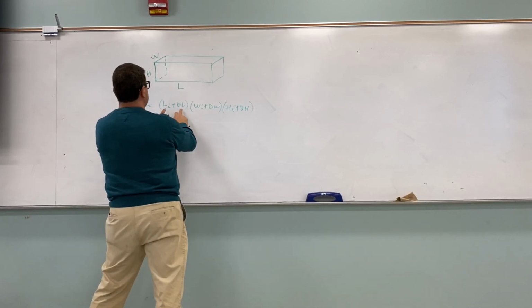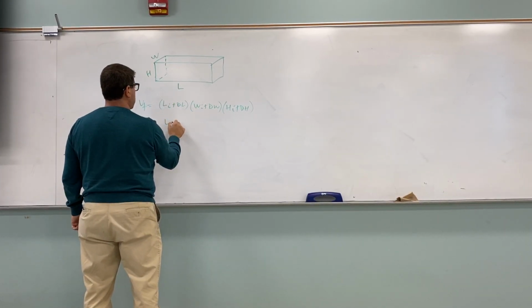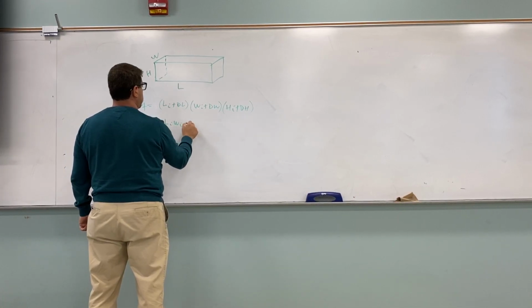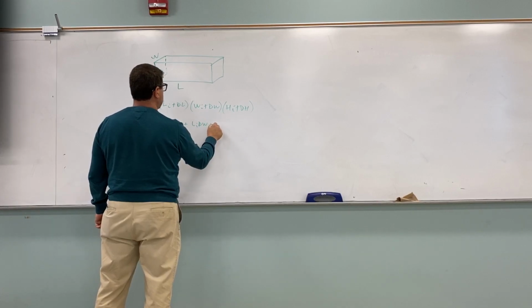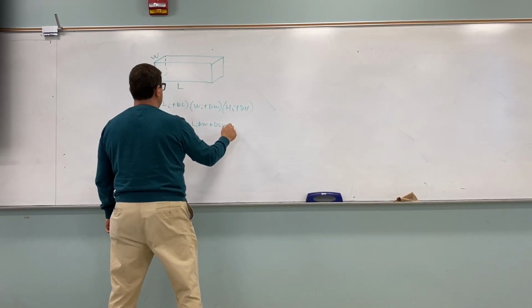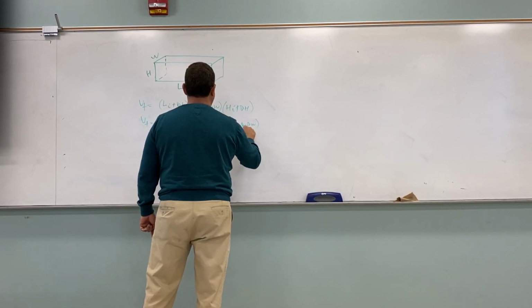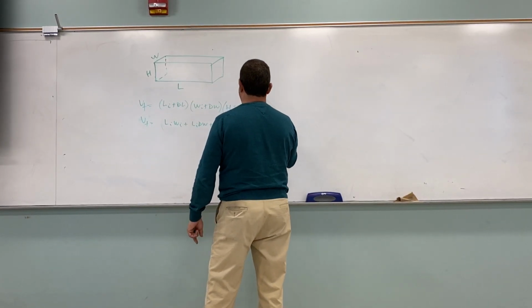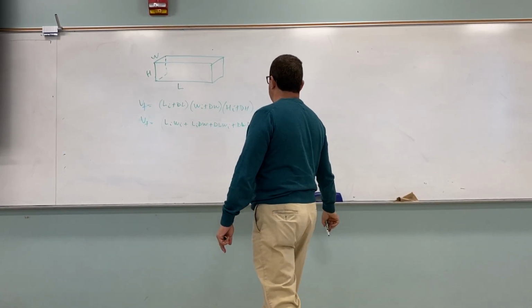What you could do is you can multiply these 2 out: L initial width initial plus L initial delta W plus delta L W initial plus delta L delta W. Times H initial plus delta H, right?